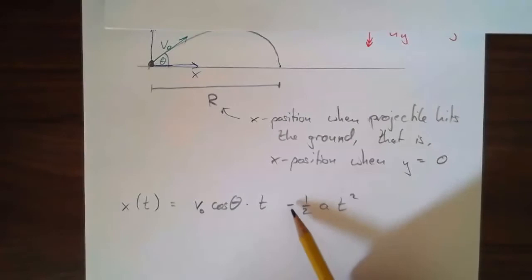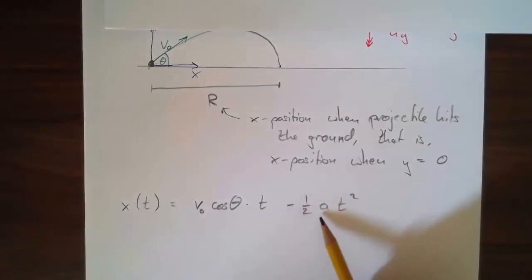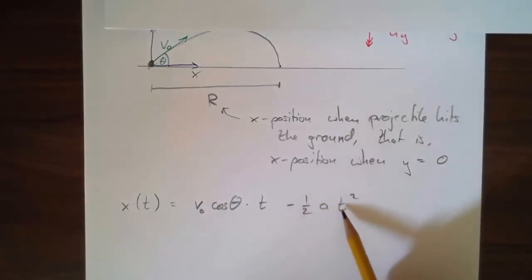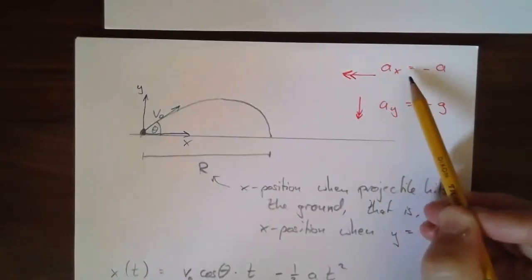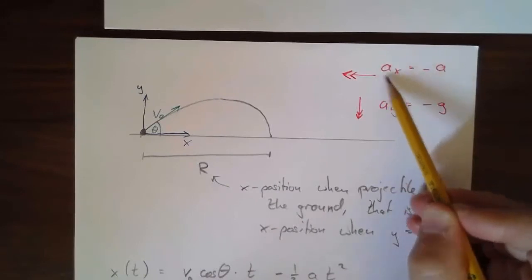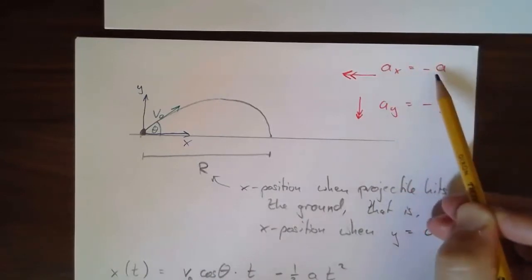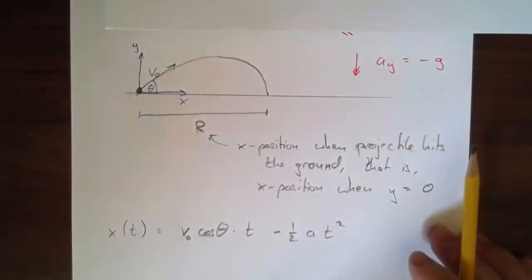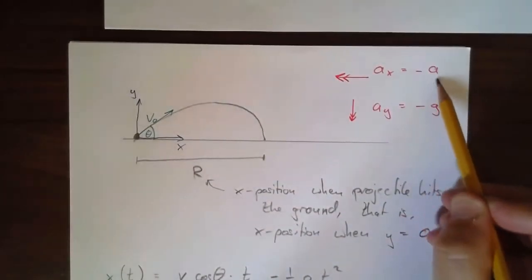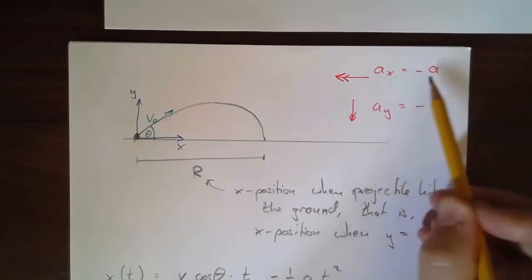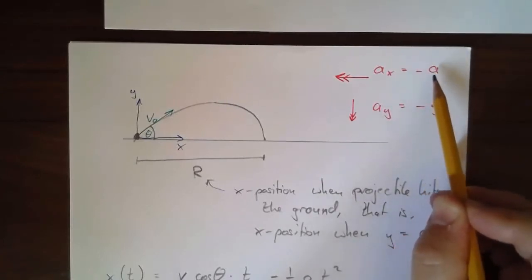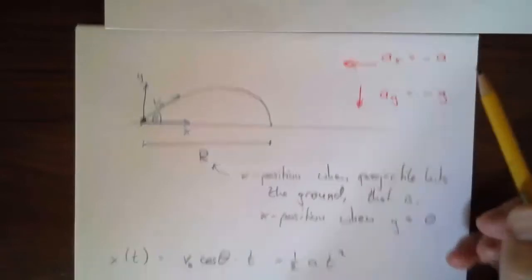So this really could read plus 1/2 a subscript x t squared, but a subscript x is given as minus a. So a here is a particular value of acceleration. We don't know what the value is, but it's like a given quantity. Here's a constant acceleration in the x direction, magnitude a, right?